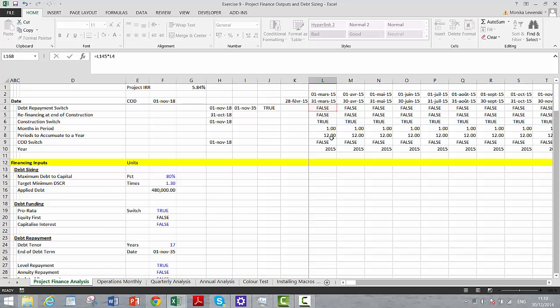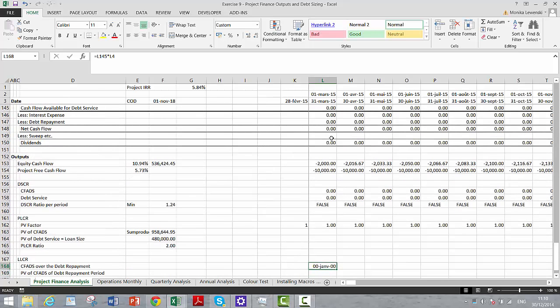Debt repayment switch. Okay. Shift Control R, and now we can get the same thing with the sum product.